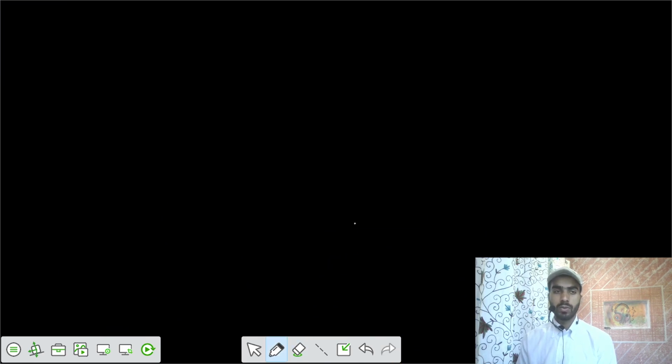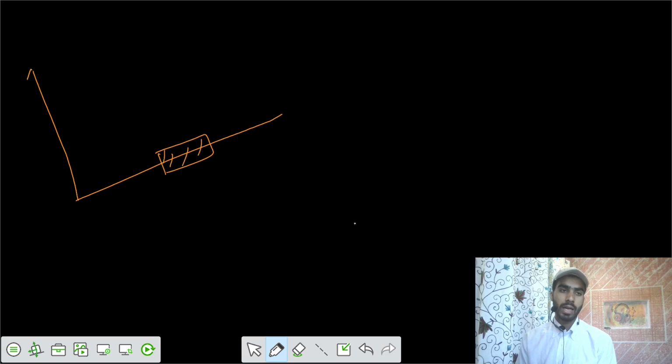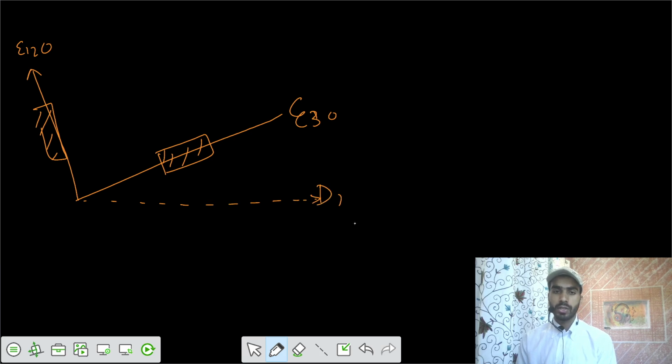So we got two strain gauges at an angle of 90 degrees from each other. This one and this one. So this one is your E30, and this one is E120. And it's given that this direction is the direction of major principal stress, sigma 1.